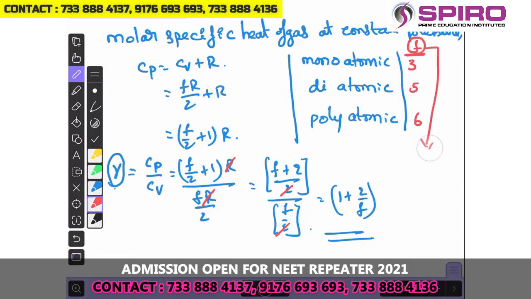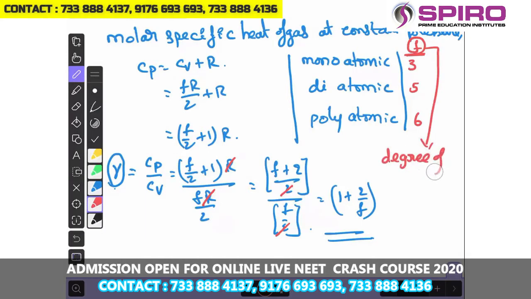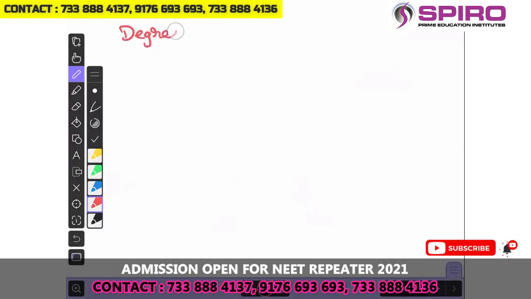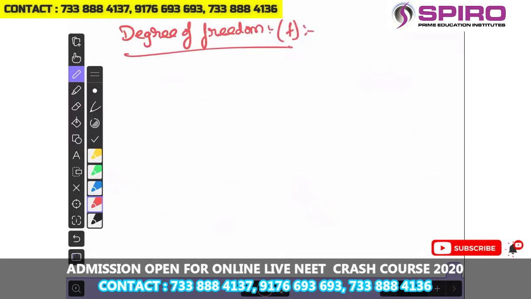Degree of freedom, let it be written simply by the letter f. What exactly the degree of freedom is, let us understand.